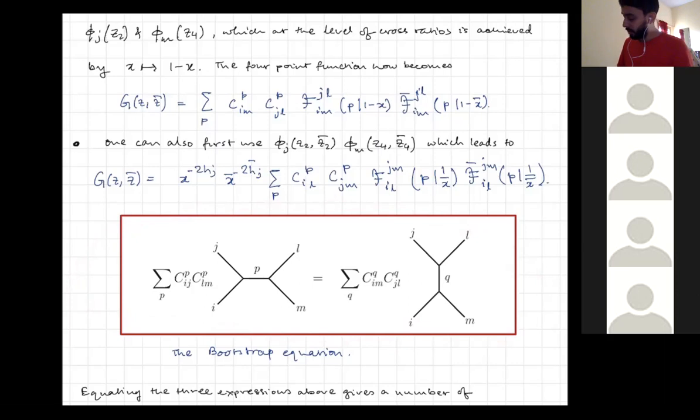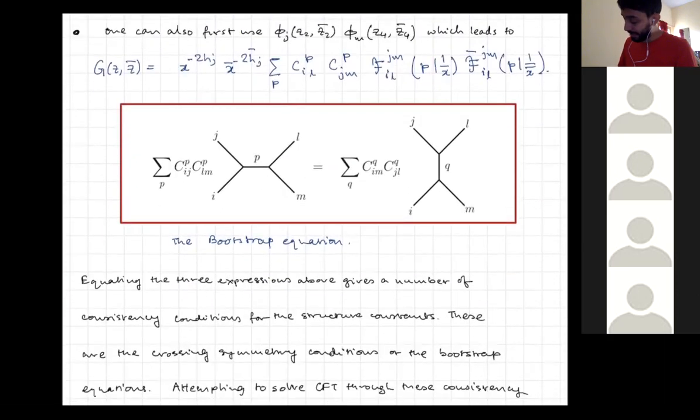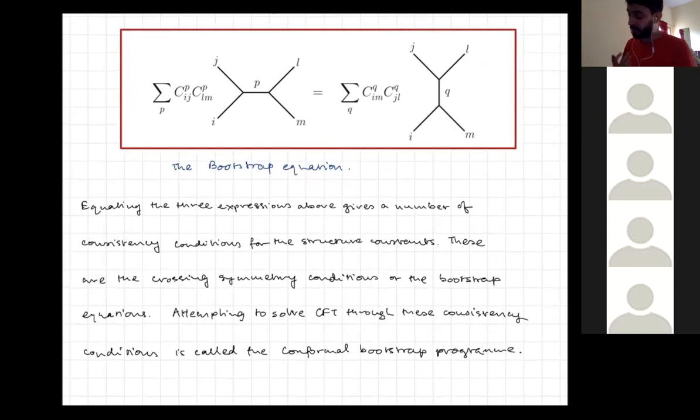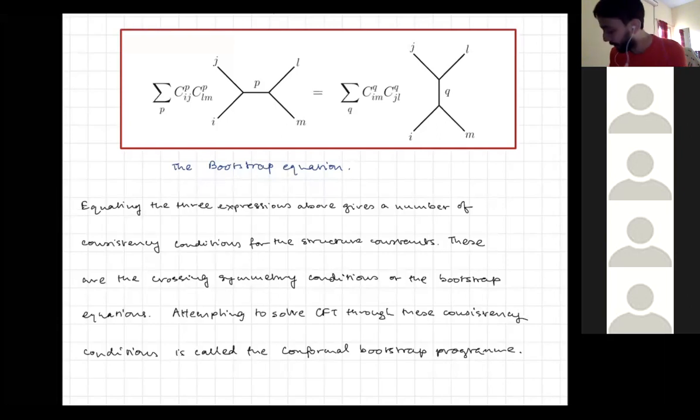As I say out here, equality of these three expressions above gives us a number of consistency conditions for the structure constants. These are called crossing symmetry conditions, or the bootstrap equations. Attempting to solve CFTs through these consistency conditions is what is called the conformal bootstrap program.